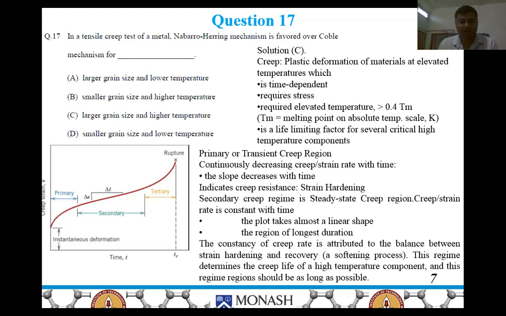The plot takes almost a linear shape, and the region should be as long as possible, that means it should have the longest duration. The constancy of creep rate is attributed to a balance between strain hardening and recovery. Recovery is a softening process, and this regime determines the life of a high temperature component, so this region should be as long as possible.